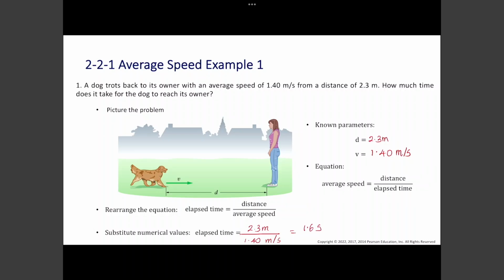Meter cancels and the time is 1.6 seconds. You can notice that here the distance has two significant figures and the speed has three significant figures. So the answer should have only two significant figures according to our significant figure rules.